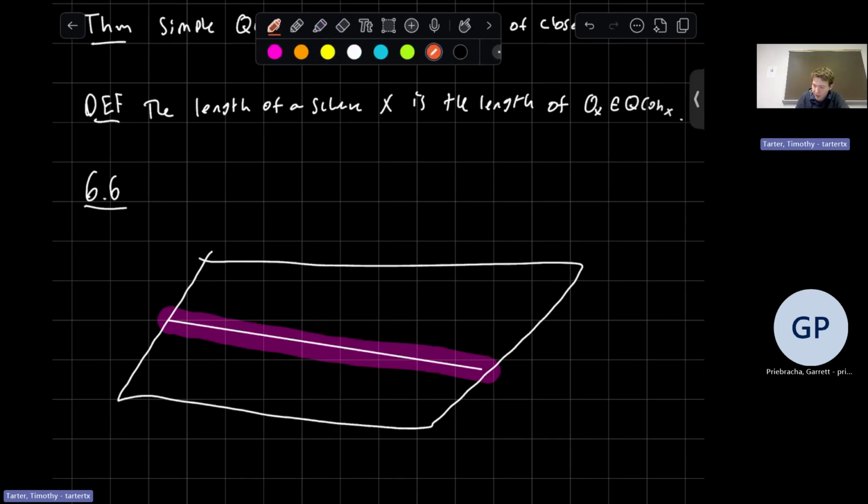And maybe on this line, we have a point. And then maybe we have another line that's kind of up some. And then maybe we have a curve that intersects this line somewhere. But really, we're thinking of another specific point here.